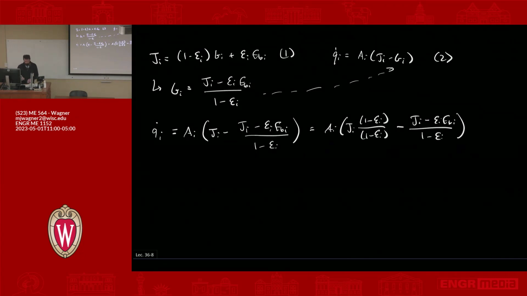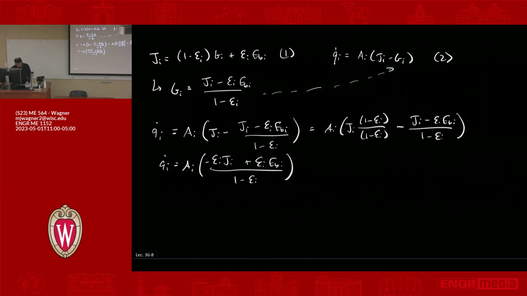Almost there. The last thing we can do is say this Q dot I is equal to AI times minus epsilon I JI plus epsilon I EBI, divided by 1 minus epsilon I. Finally, last step.